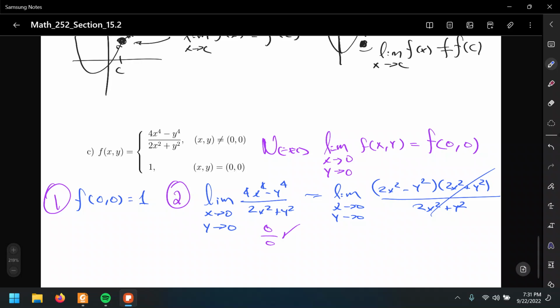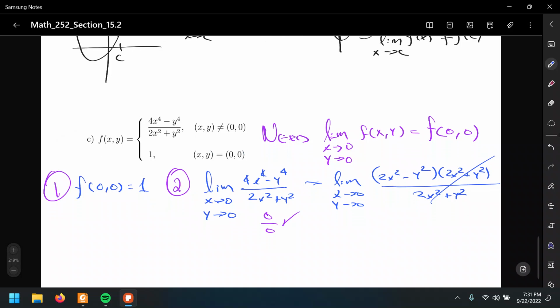Precisely those factors that cause trouble over here, right? So this means the limit of 2x squared minus y squared, x approaching 0, y approaching 0. So that's 2 times, well actually, how about just 0? Alright? I think it's clear that it's going to be 0.